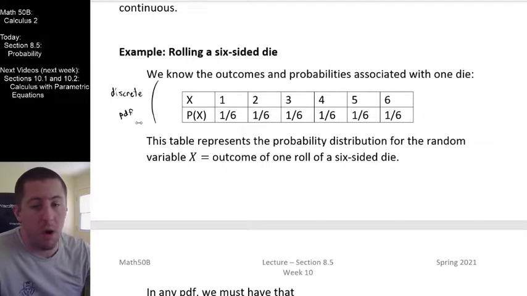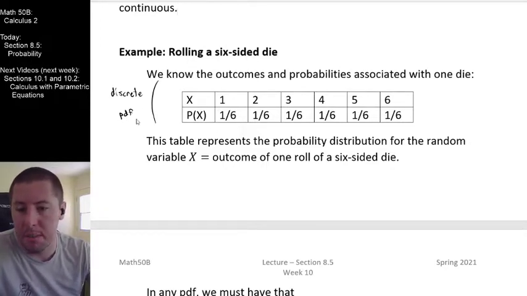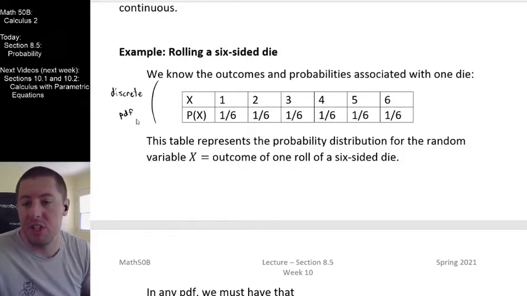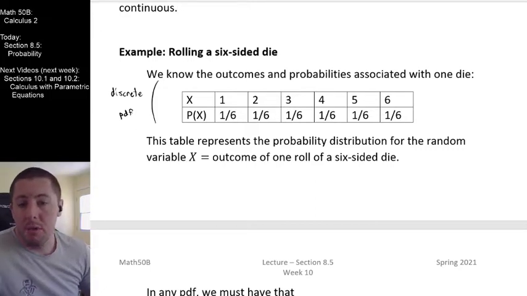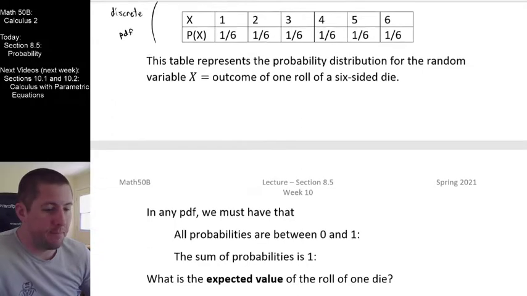So this table itself is the PDF. For our continuous variables, we're going to expect to see things that are more like an equation, an f of x equals something in terms of x. So this table represents the probability distribution for the random variable x, where x is the outcome of one roll of a single six-sided die.